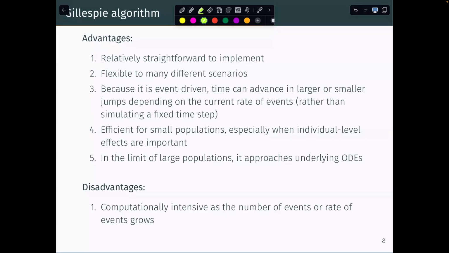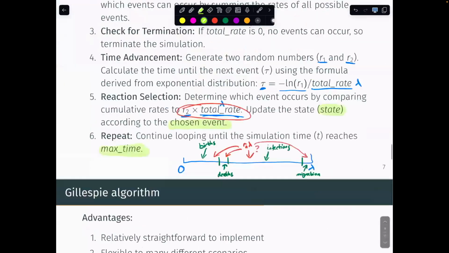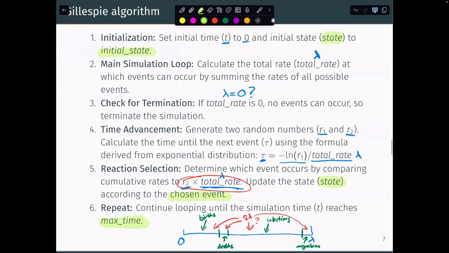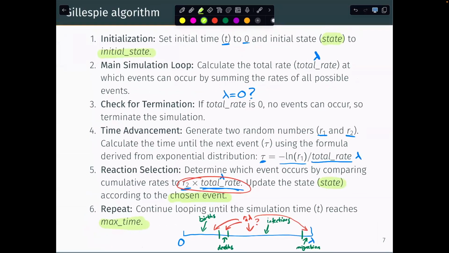Okay. Yes. Quick question. Couldn't we also use R1 lambda because R1 and R2 are distributed? Very good question. The reason that we select two numbers is because you don't want there to be any correlation between the time that's occurring and which event you're landing in.